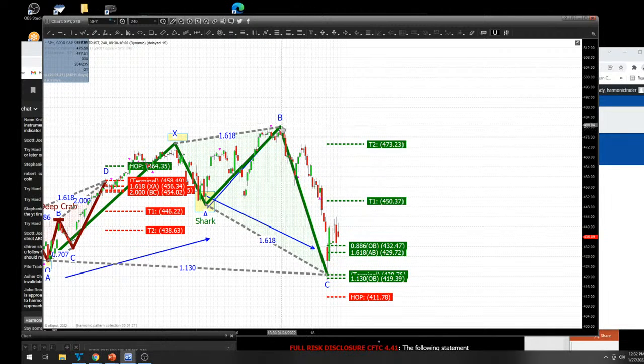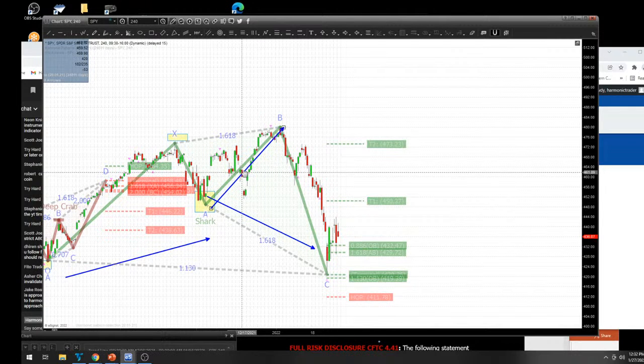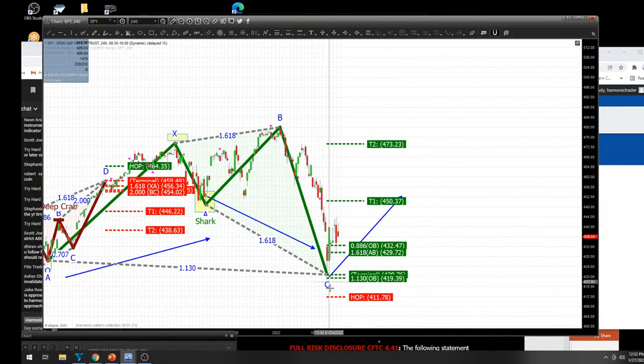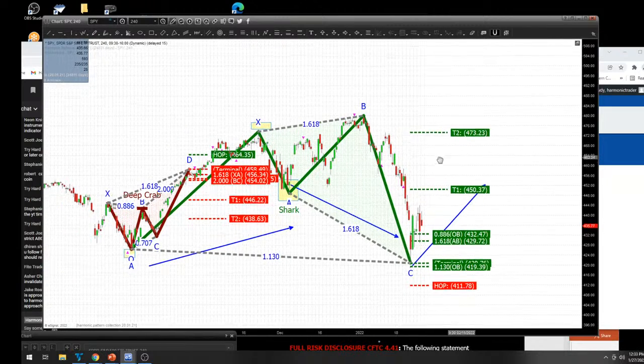Our A to B level sets up our estimated, what we call reciprocal AB to CD, where we take that distance and project it from whatever that extreme point C is, to give you the C to D estimated move. That fits also closely with target 1. So we kind of back calculate the 5-0 of what that possibility is, but that's still the maximum possibility on this setup. What's that tell you? Reaction.